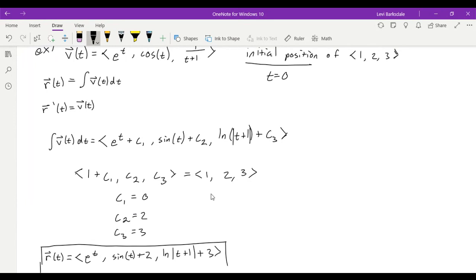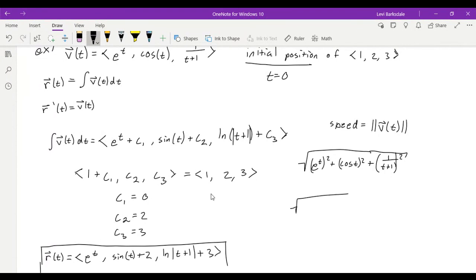All right. And if we wanted to look at what the speed was, well, the speed would be the magnitude of the velocity. So our velocity is e to the t, cosine t, 1 over t plus 1. So our speed would be the square root of e to the t squared plus cosine of t squared plus 1 over t plus 1 squared.